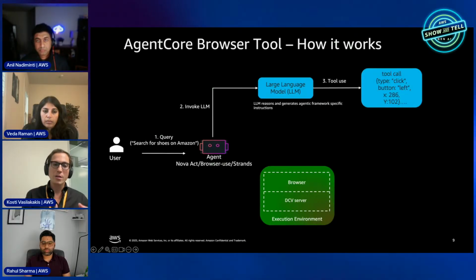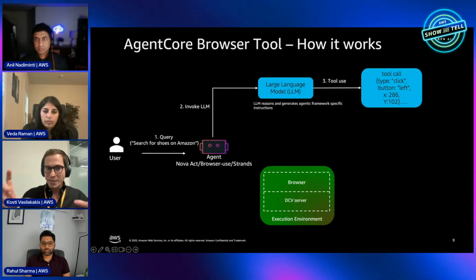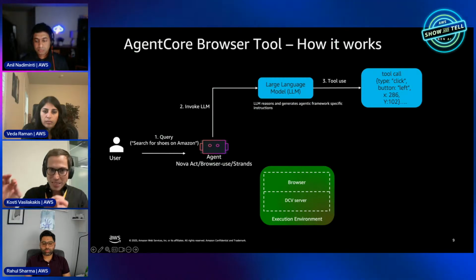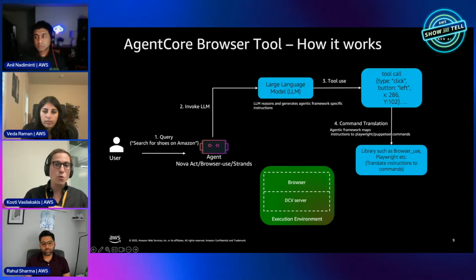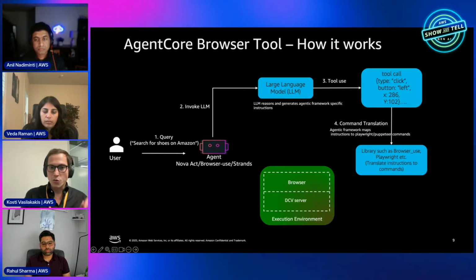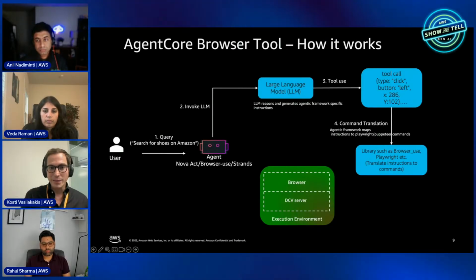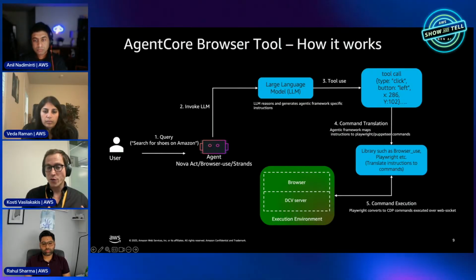So the instruction: buy me shoes on Amazon.com. The LLM reasons based on what it sees on the screen. It says, oh, click here, specifically where to click, and it makes a decision on what to do next based on what it sees on the screen. It uses a library, Browser Use, Playwright, etc., and sends that command to our own browser instance.